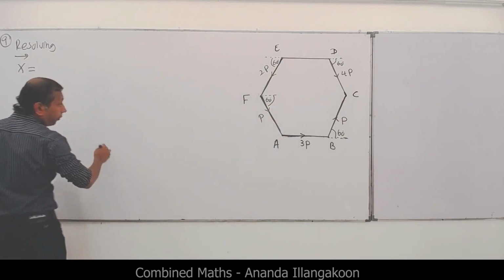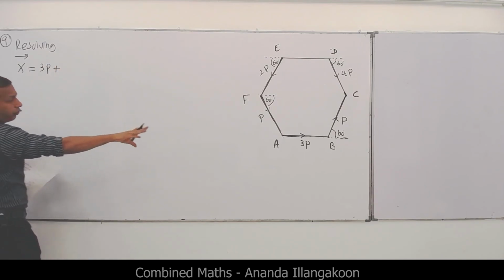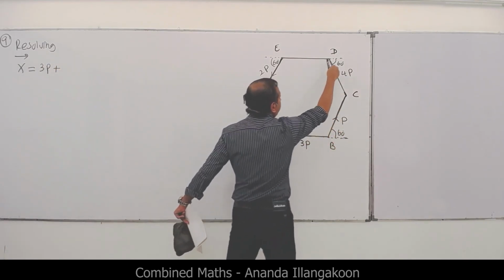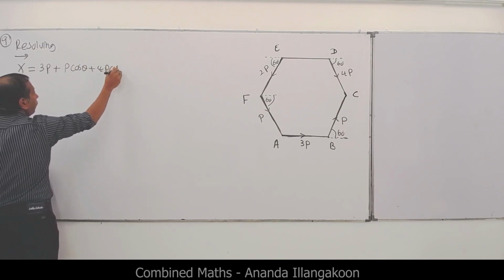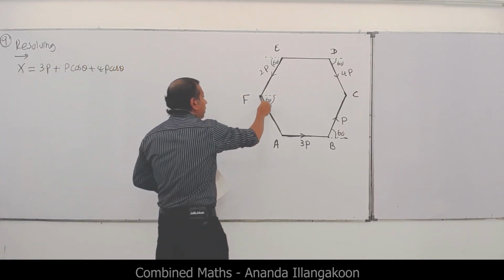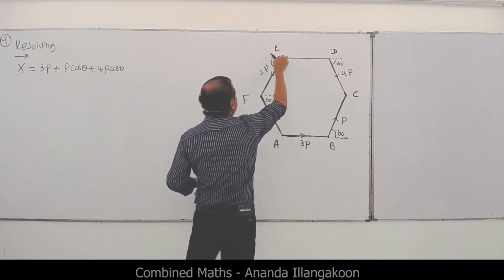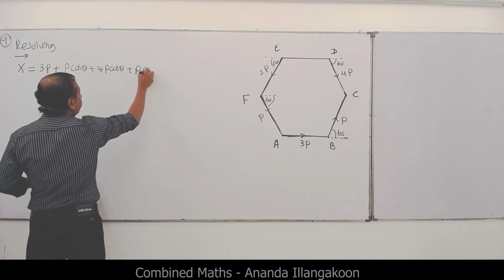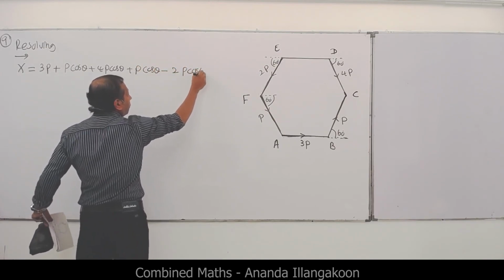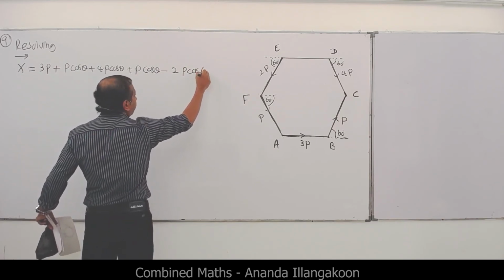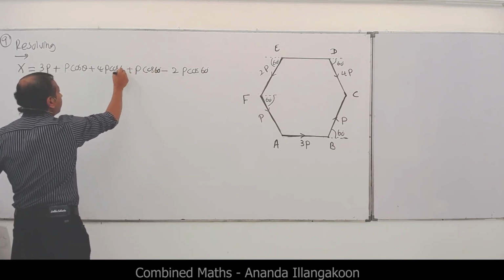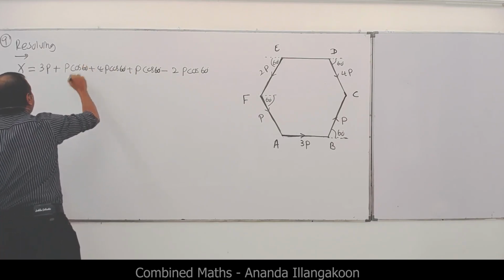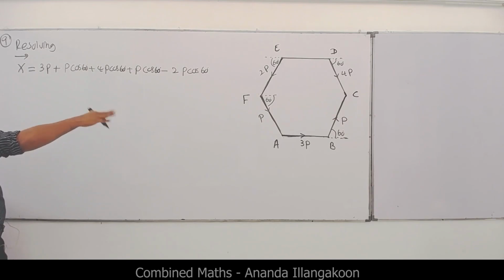We get 3P, P cos 60, 4P cos 60, another P cos 60, here minus 2P cos 60. Every theta should be 60. Correct? 3P, P cos 60, 4P cos 60, again P cos 60, and minus 2P cos 60.